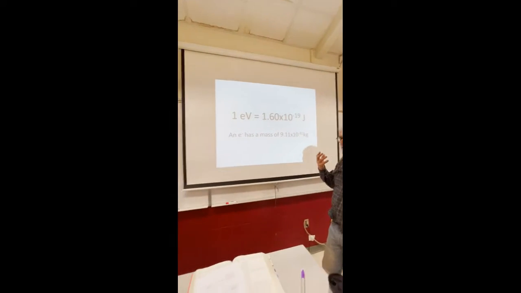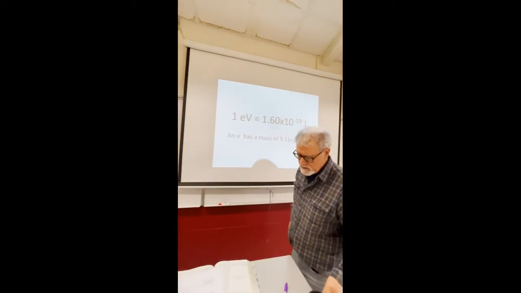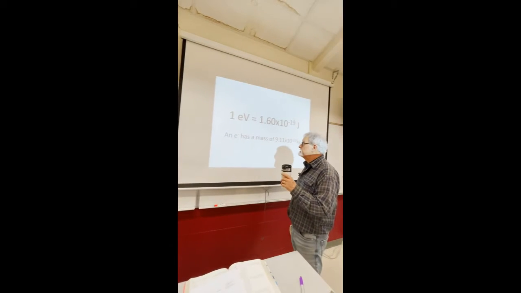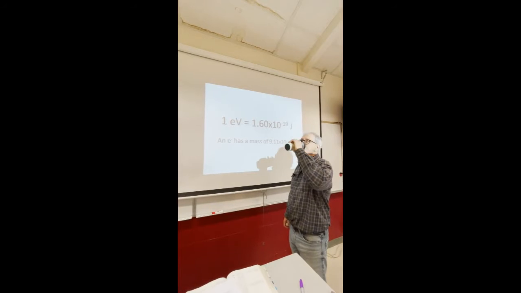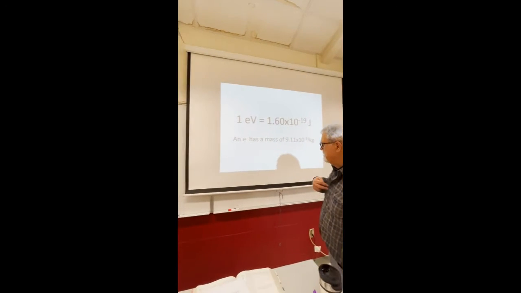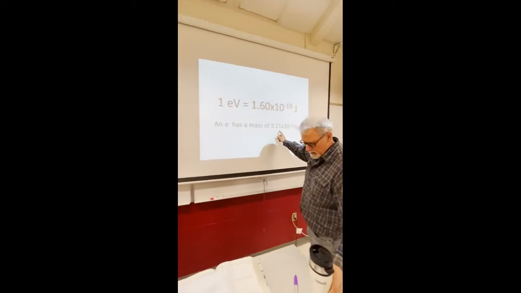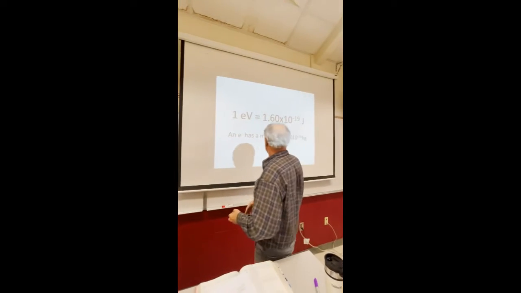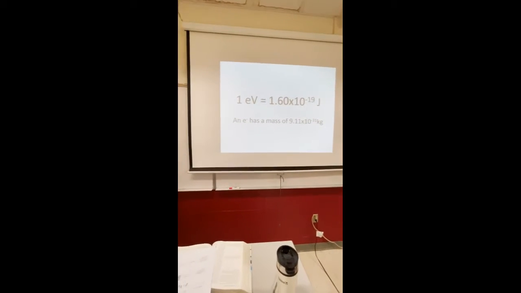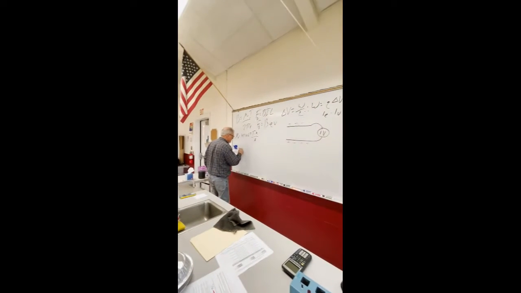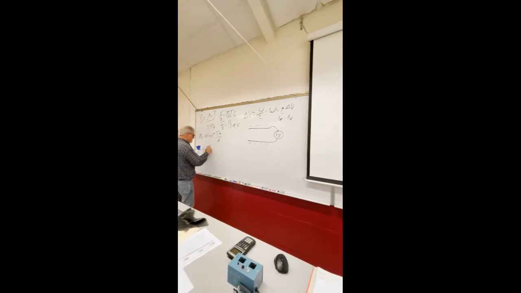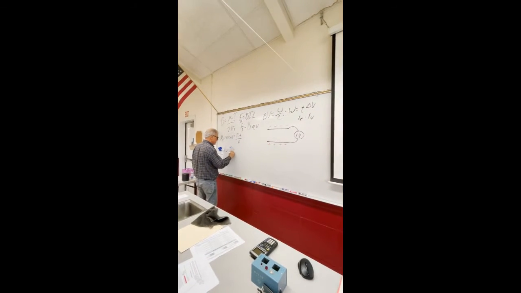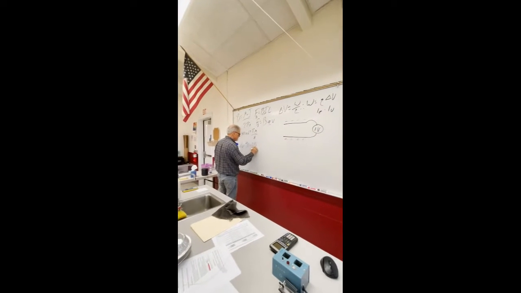It's a very small quantity, and in the physical universe, there are many instances where tiny amounts of energy are appropriate. An electron has a mass of 9.11 times 10 to the negative 31st kilograms.